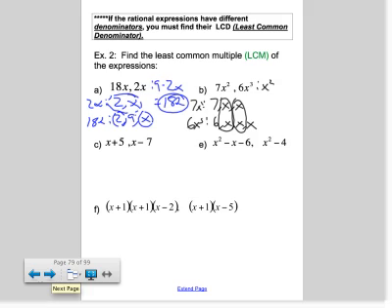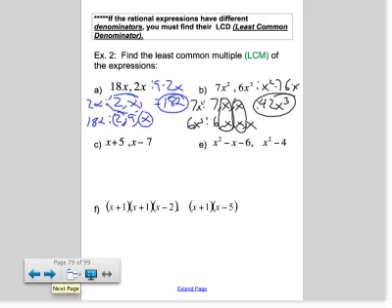But then I have to take that x squared and multiply it by the 7, because that's left over, the 6, because that's left over, and the x, because that's left over. So my least common multiple here is going to be 7 times 6 is 42, x squared and x makes x to the third. Alright?